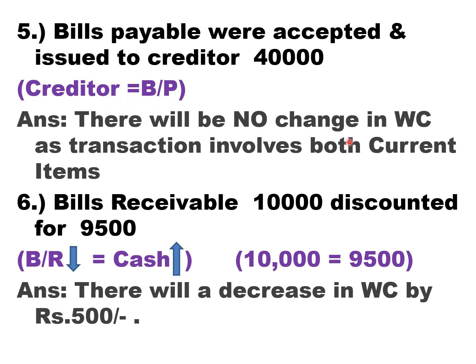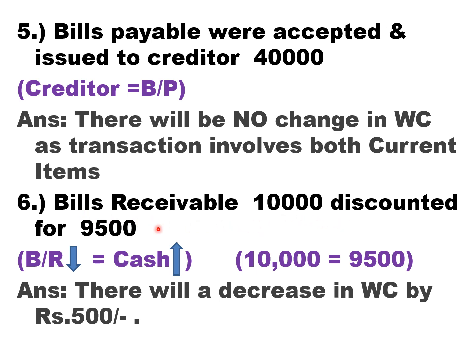There will be no change in working capital as the transaction involves both current items. Creditor is a current liability, BP is a current liability. As explained earlier, current and current, there will be no change in working capital.